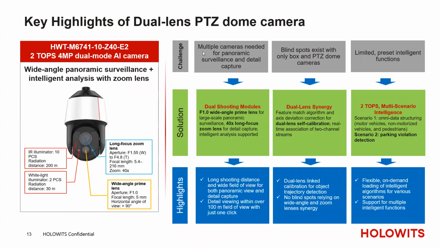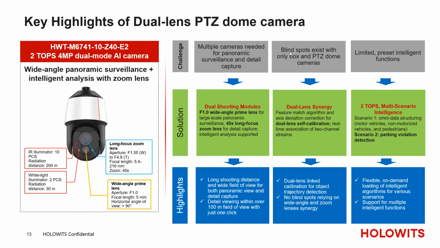The challenge is the multiple cameras needed for panoramic surveillance and detail capture. The solution is the dual shooting mode. This is the advantage or highlight of our cameras: the long shooting distance and wide field of view for both very far view and detail capture. Details are visible over 100 meters with the field of view with just one click.